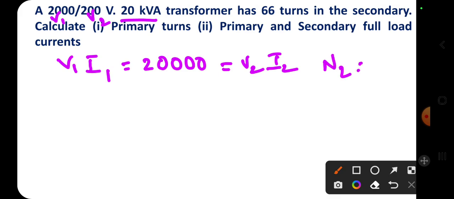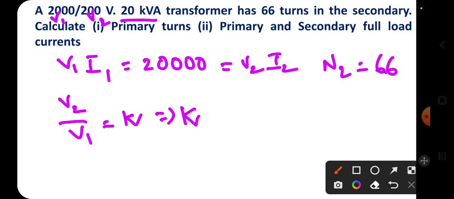N2 is equal to 66. Then what are the primary turns? Immediately we will go with V2 by V1 is equal to K. That means K is equal to 200 by 2000.